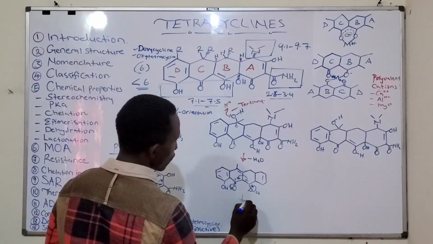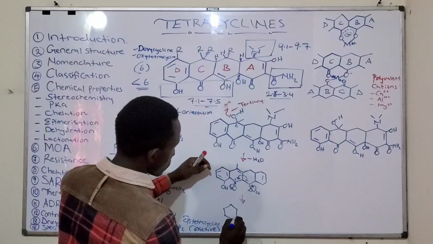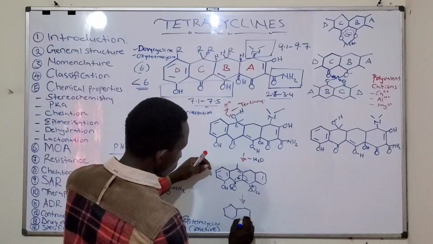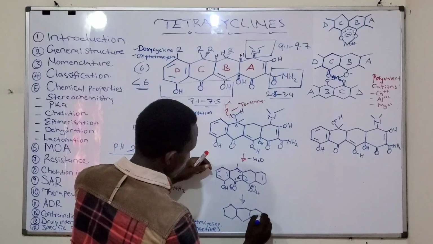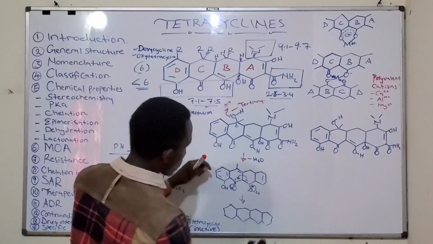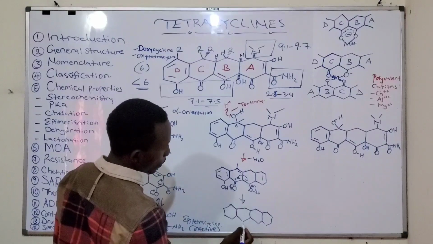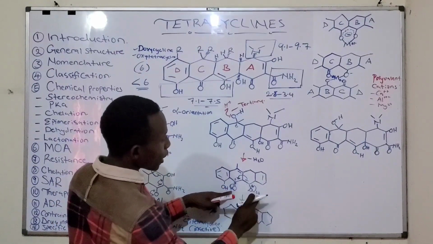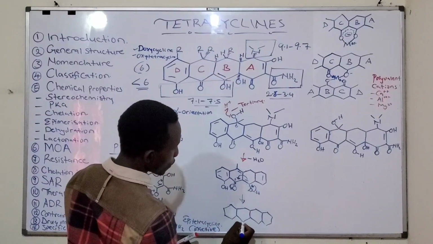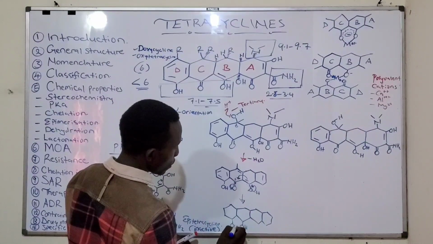So we shall have this ring saturated now. So when this oxygen pulls the electrons, it can gain the hydrogen from here. So we shall have this oxygen. Now it is OH, and here it is OH.